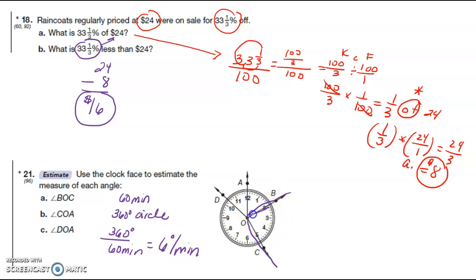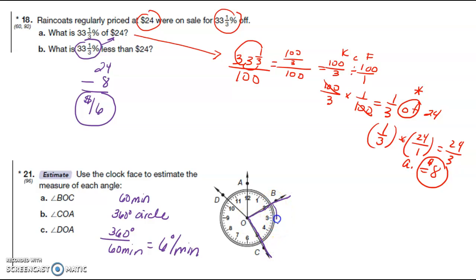So let's see how many minutes we have. Oh, that's not going to work. I need to erase that because now I can't see what I did. Pen. Yeah, that'll work. So BOC. It starts at 2 and it goes to 5.